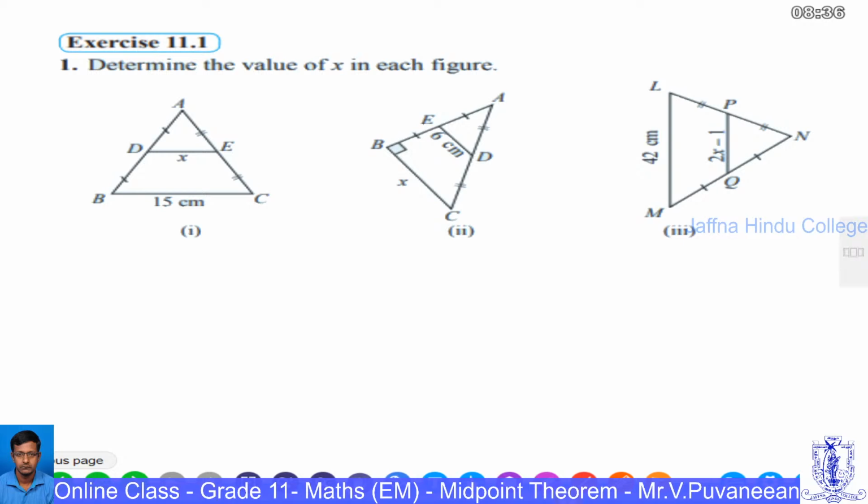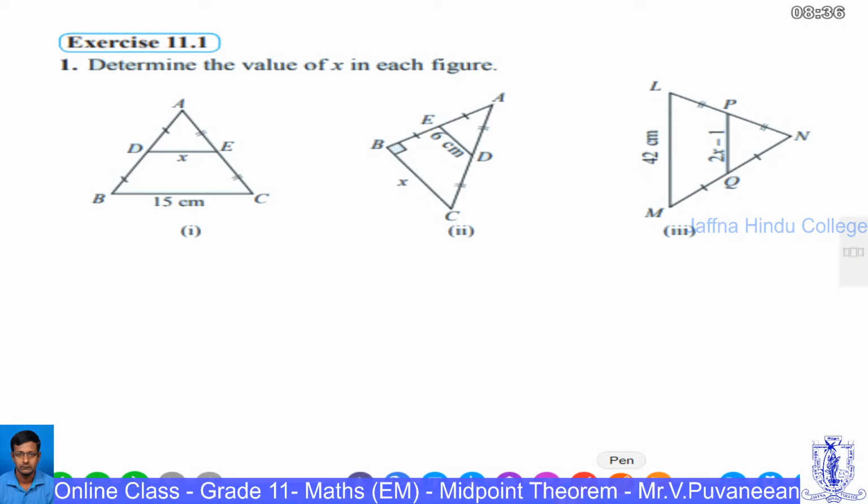Okay, let's try this. In the first figure there is a triangle ABC. D is the midpoint of AB, E is the midpoint of AC. So we can apply the midpoint theorem here. The line joining the midpoints of AB and AC, that is DE, is parallel to the third side BC, and also the length of DE is half of the third side, half of BC.